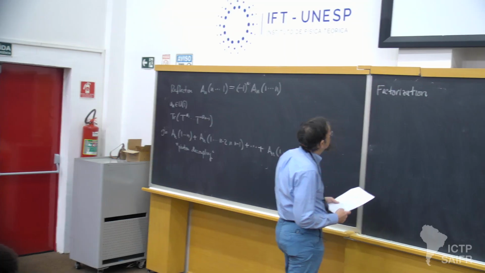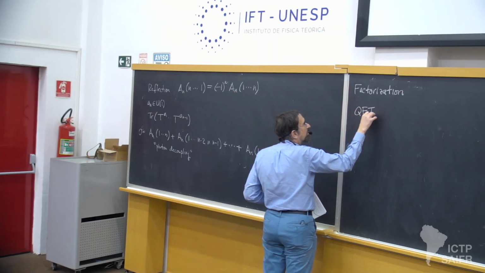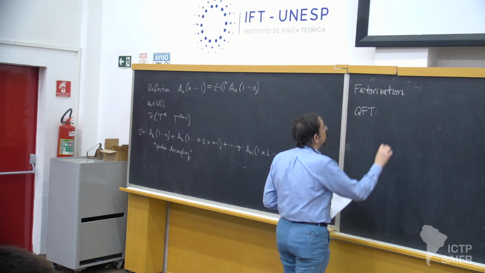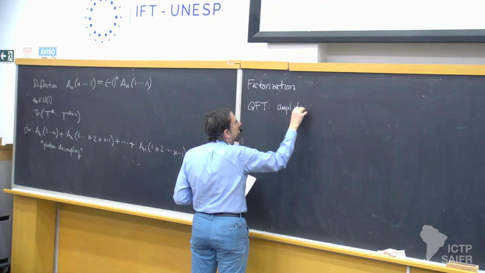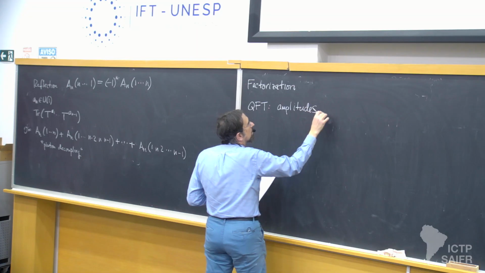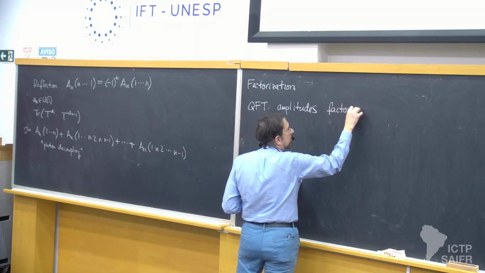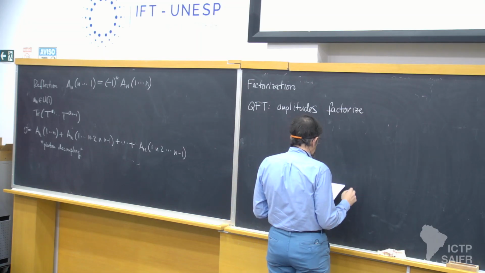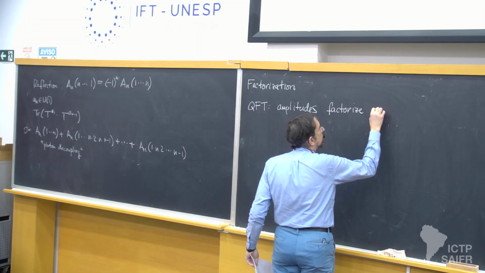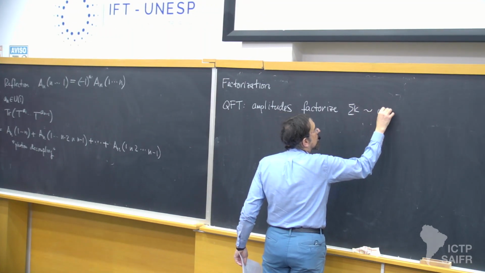And so the basic idea is that in a consistent quantum field theory, amplitudes have to factorize when a sum of momenta correspond to some on-shell state.